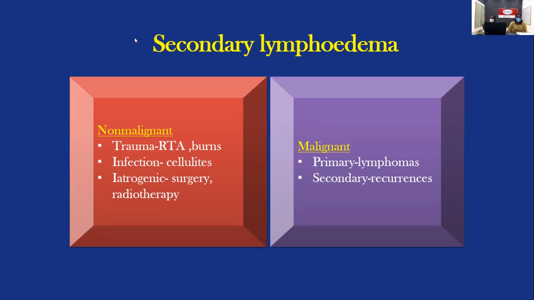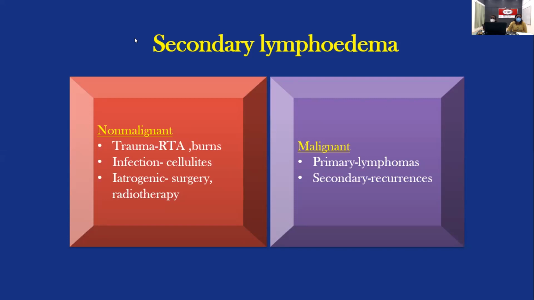Also recurrent infections like cellulitis, iatrogenic causes like surgery, and radiotherapy. As I mentioned earlier, if I undergo any surgical management in my body, I am a person at risk of developing lymphedema. And if you take radiotherapy, the lymph nodes will be damaged and that person also develops lymphedema.